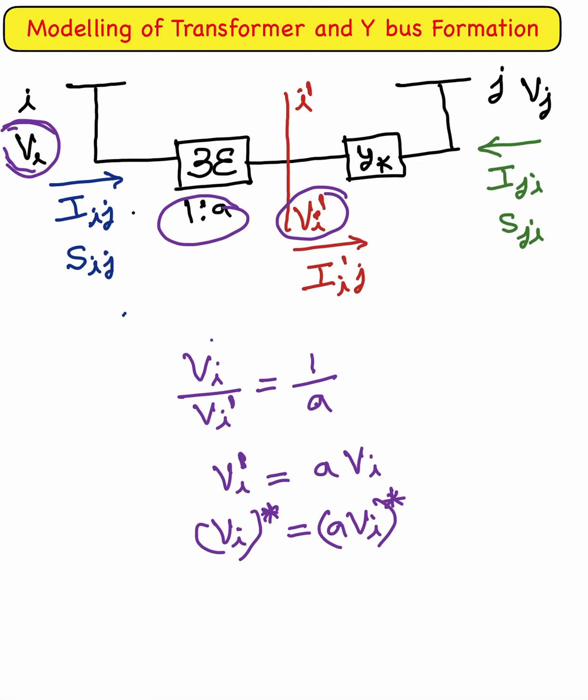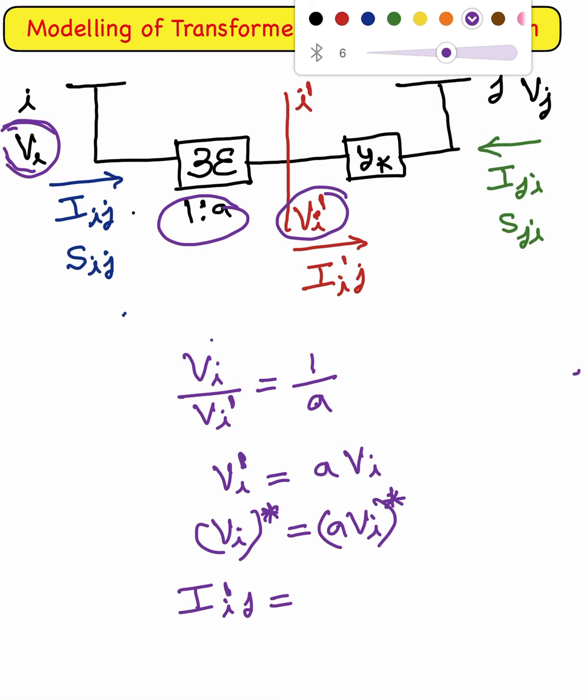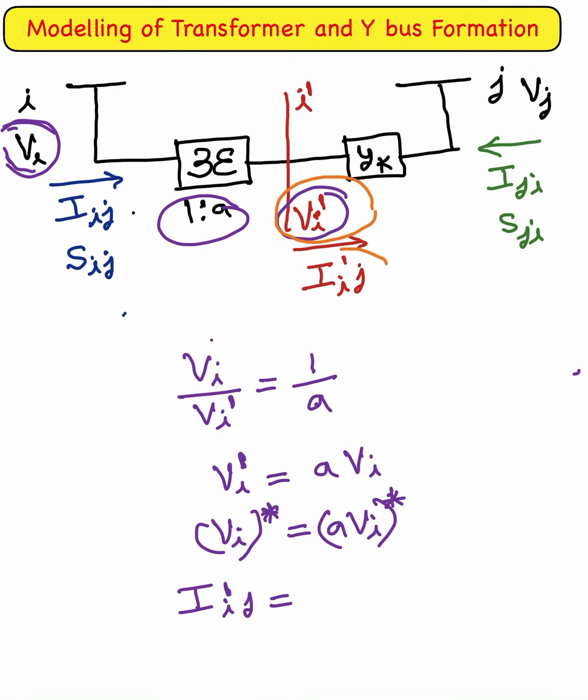Another thing: what is the value of I dash J? You can calculate I dash J from the voltage difference between VI dash and VJ, so you can write (VI dash minus VJ) into YK.